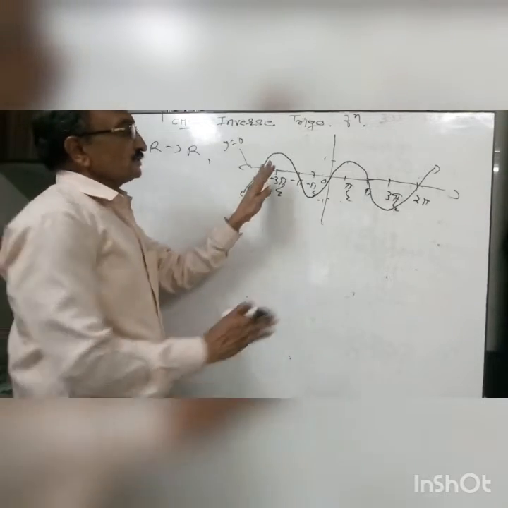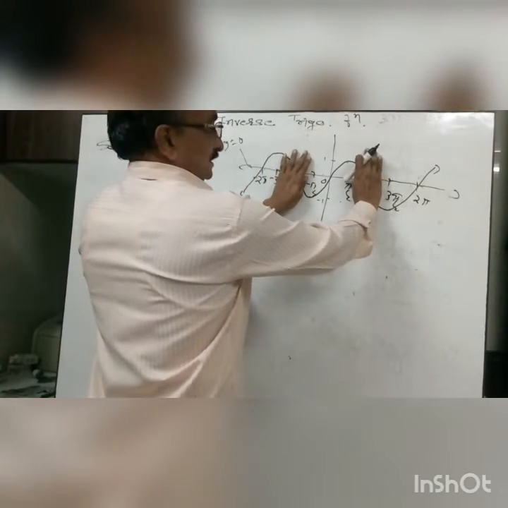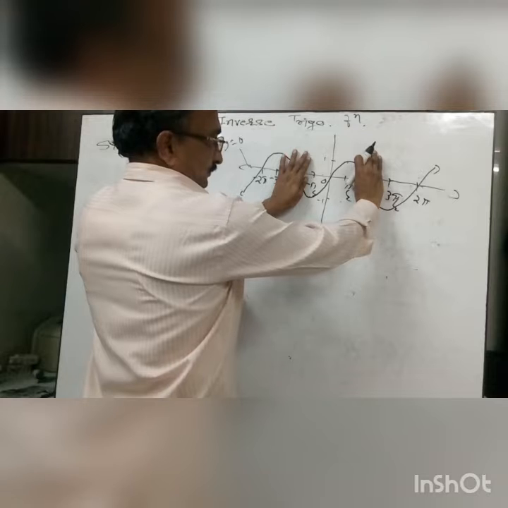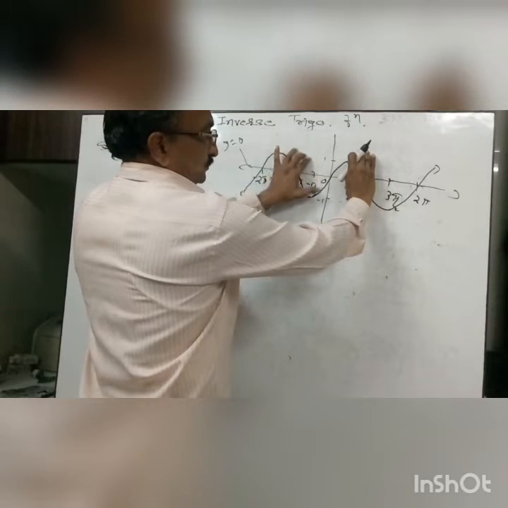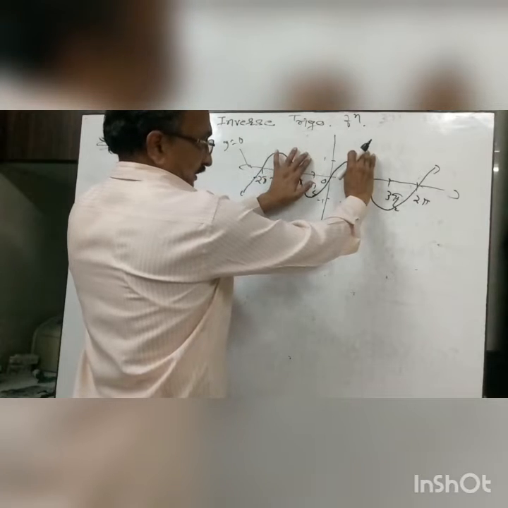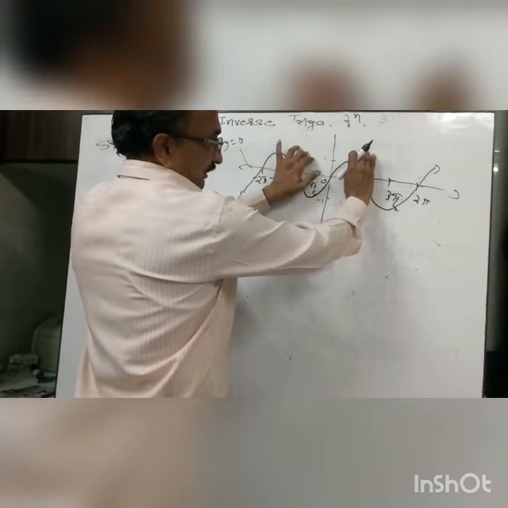If we restrict its domain to the closed interval minus pi by 2 to pi by 2, then the line y equal to k, k belongs to the closed interval minus 1 to 1, intersects this graph in only 1 point.